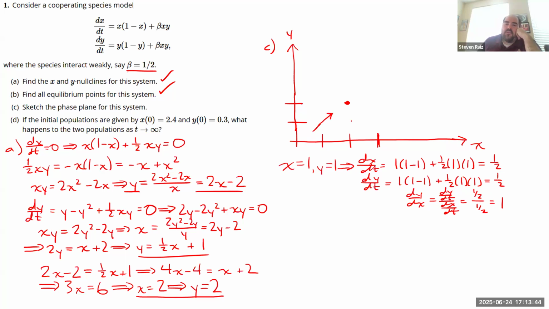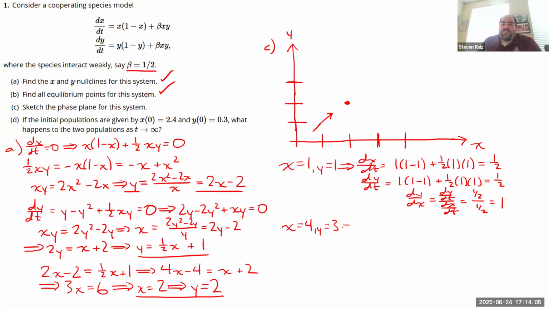Let's do one more where the coordinates are different. Let's do x equals 4, y equals 3.